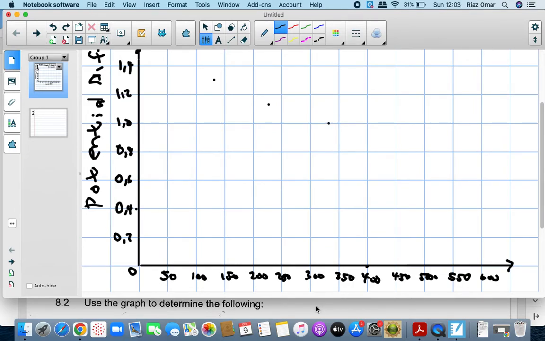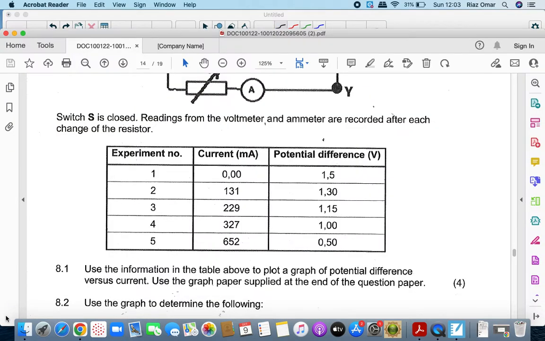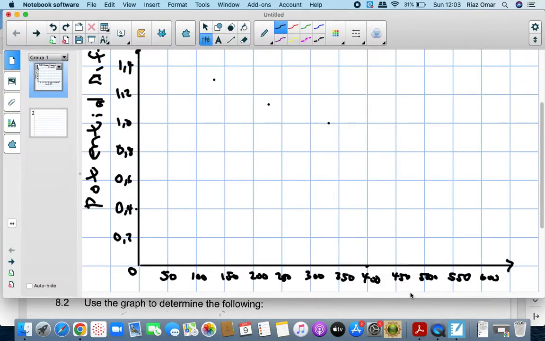Okay, the next one will be 0.5 and 652. 0.5 volts is here, and 652. I didn't put that down. 0.5, 600, 650 is there, 652 will be around there.